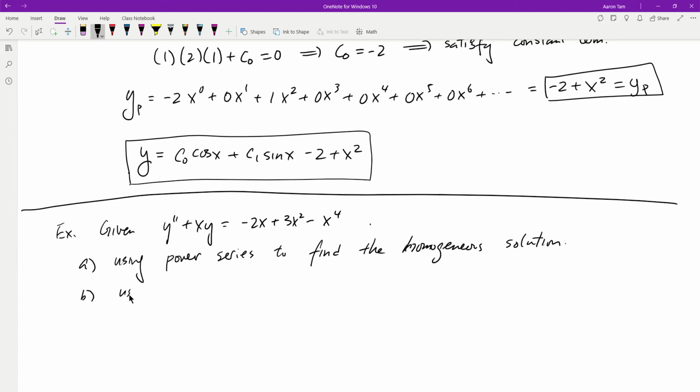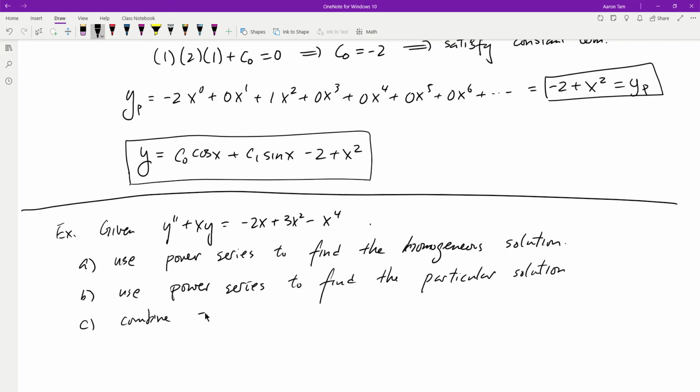And then we use the power series to find the particular solution. And then we can combine them together to find the general solution.